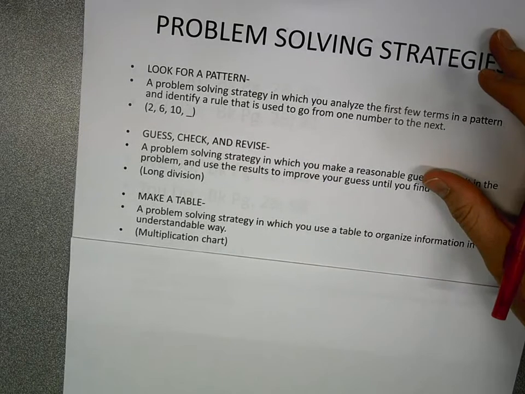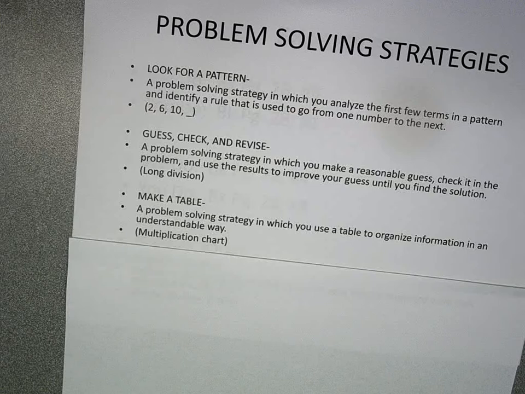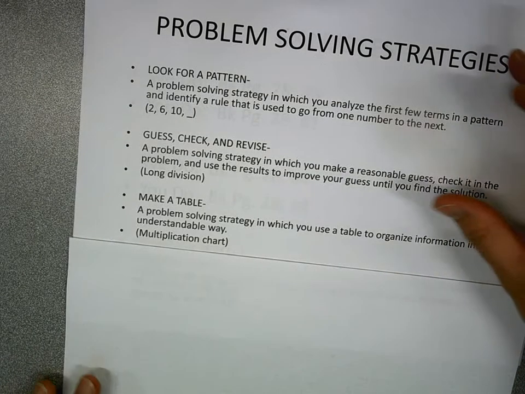Now, a multiplication chart isn't exactly someone problem-solving and making a table, but a multiplication chart is an example of an actual table. And if you take a look, multiplication charts not only are tables, but there are patterns to them. So there's a lot of these that are intertwined.